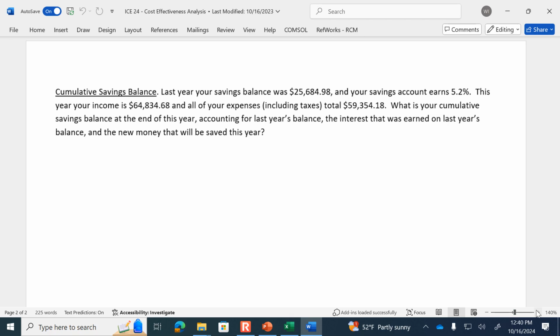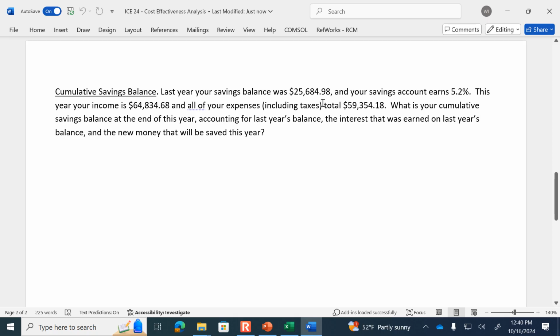So let's just say, for example, that last year you personally had $25,684.98 in your savings balance, and that it earns 5.2% per year. Then I tell you your income this year and your expenses. So what is your cumulative savings balance at the end of this year if you take into account the new money that comes in, plus the interest on last year's savings balance, and then last year's savings balance?